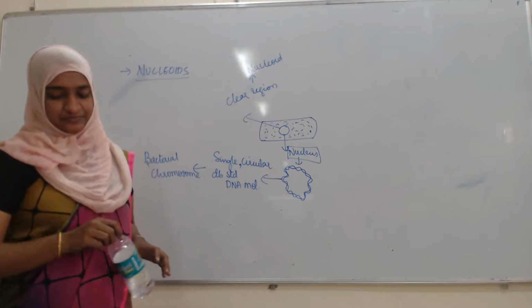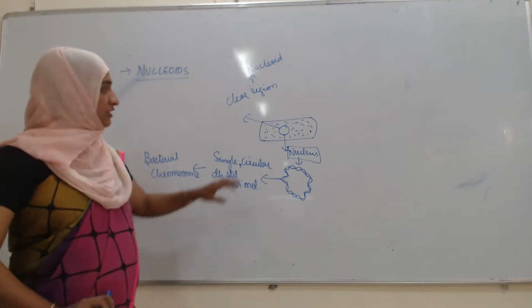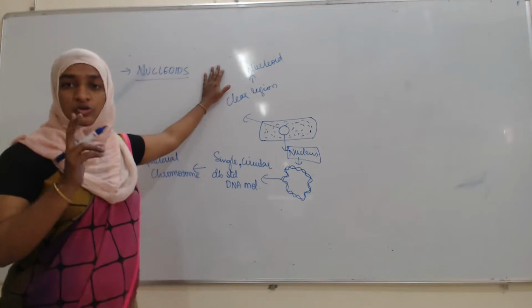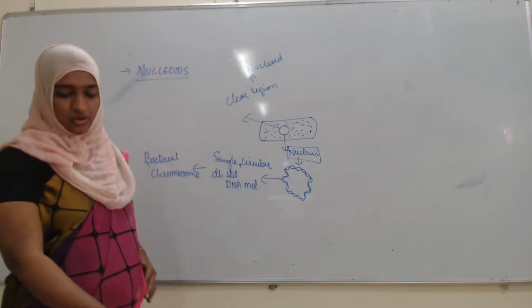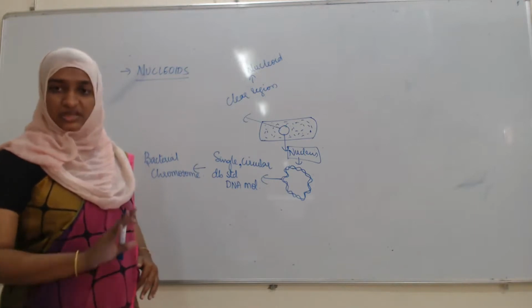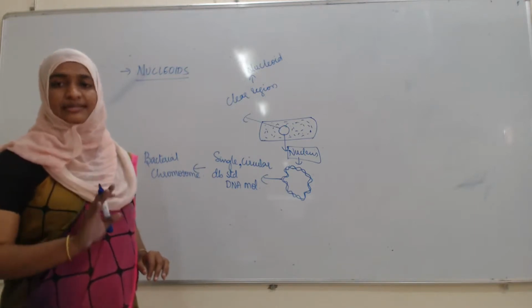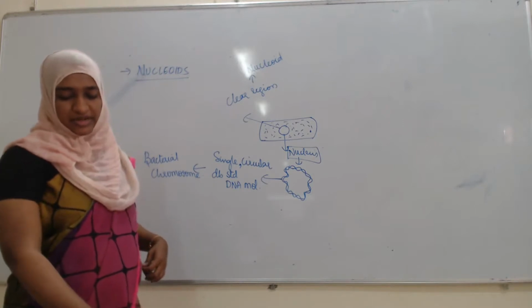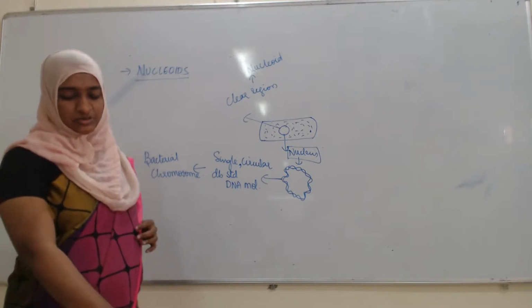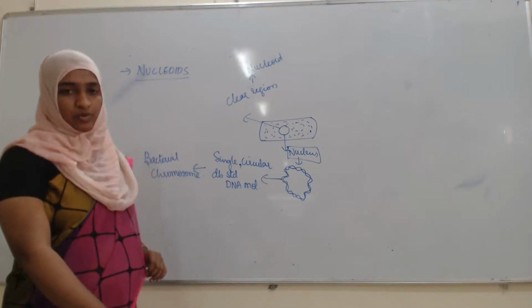A nucleoid has no ribosome and no nucleolus. The bacterial chromosome is permanently attached to the plasma membrane at one point.